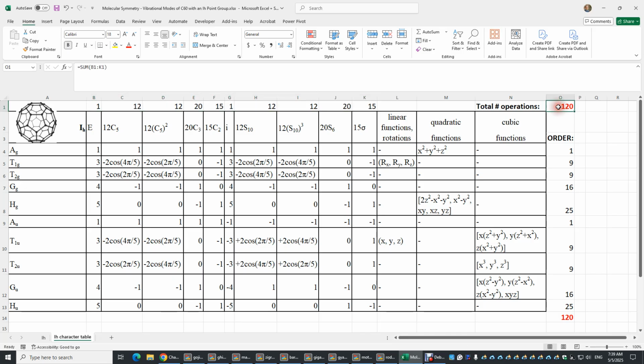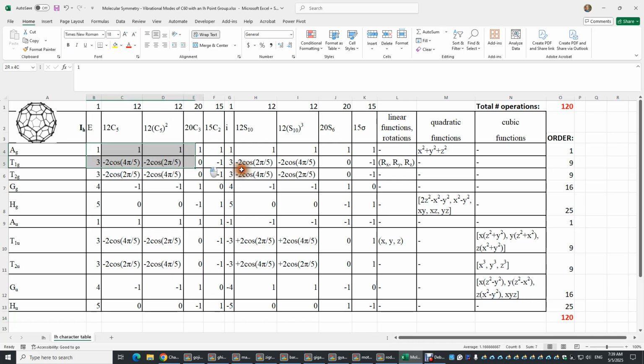Therefore, the order of the icosahedral point group is 120. Also, you can find the characters in the column of the identity symmetry operation. That means doing nothing. You square these 10 numbers, and then you sum up all those squares. You also get 120, the order of the icosahedral point group.